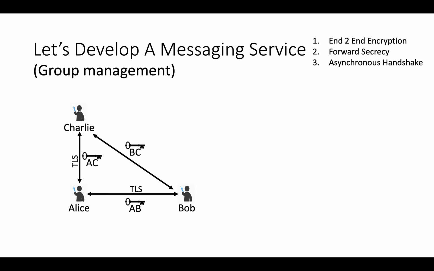With this method, let's check how broadcast will work. Alice wants to send a message to the group. She has to encrypt the message with key AB and send the encrypted message to B. Encrypt the message again with key AC and send the encrypted message to C. And if the group has 200 participants, then Alice has to send the same message 200 times, which means Alice cannot take advantage of the server to broadcast the message.